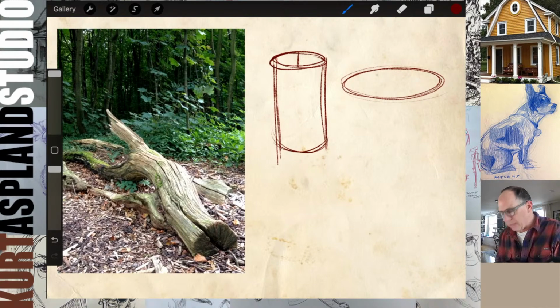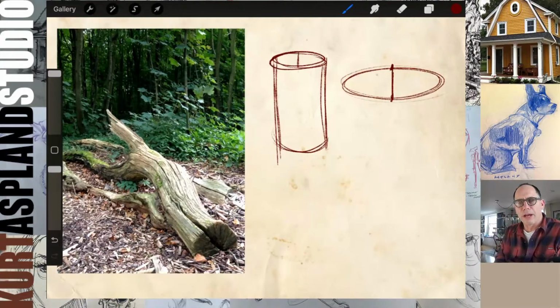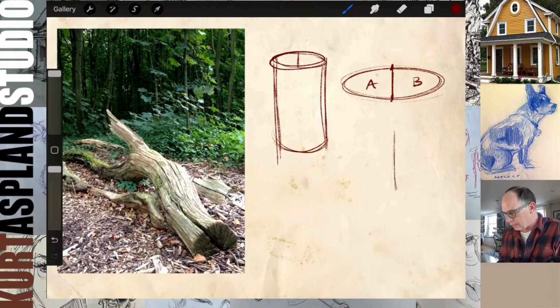There is a minor axis and a major axis when it comes to drawing an oval. The minor axis is the shortest distance across the face of an oval, you see? And that's the axis that we as artists are most concerned about, because we want to make sure that A is reflective of B. So if there's my minor axis, and let's just say I was going to draw an oval here.